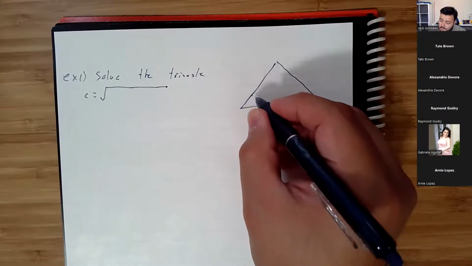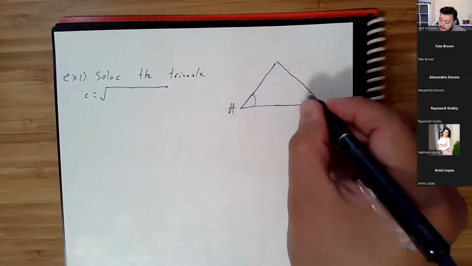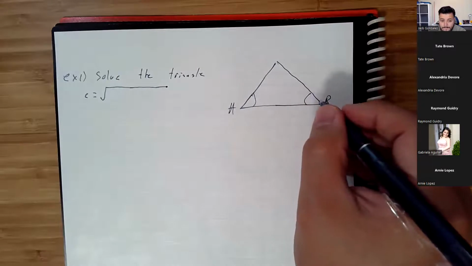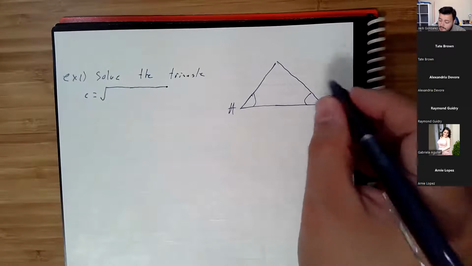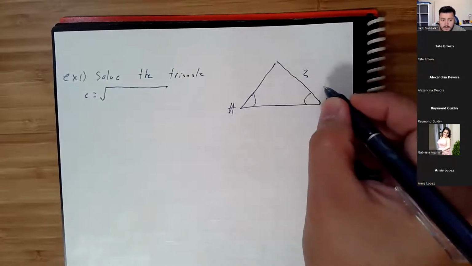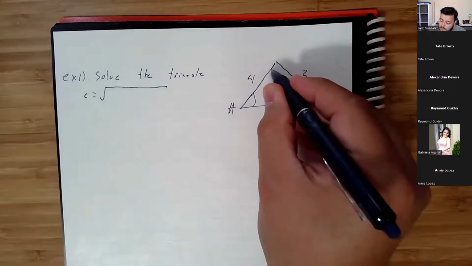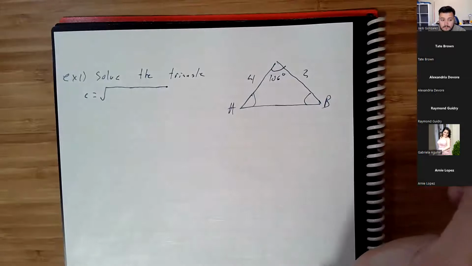A is missing, B is missing. They give me little a and little b, and they give me angle C. That's it.